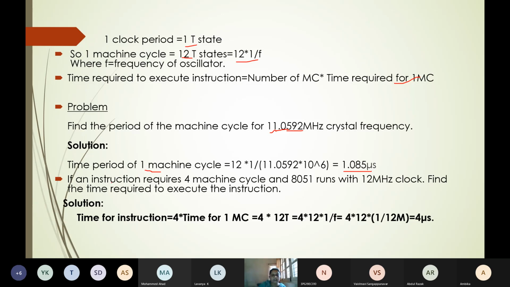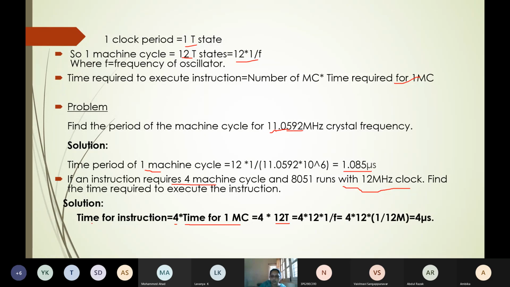Next, suppose an instruction requires 4 machine cycles and the 8051 runs with a 12 megahertz clock. What is the time required to execute the instruction? The time required is the number of machine cycles, which is 4, multiplied by the time for one machine cycle. The time for one machine cycle is 12T, so 4 into 12T, where T is 1 by f.